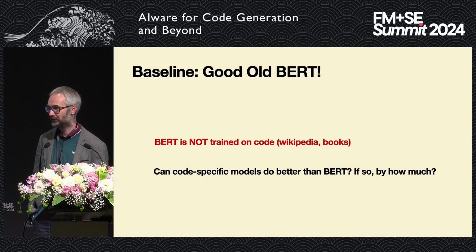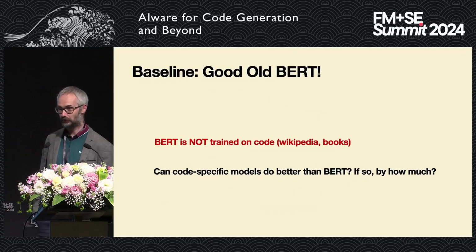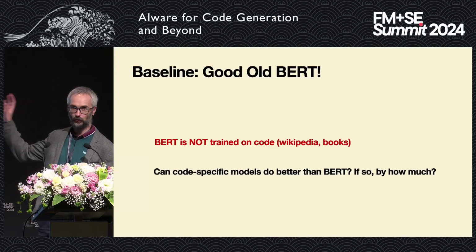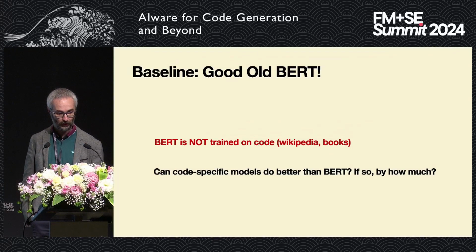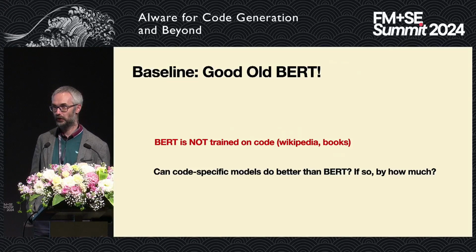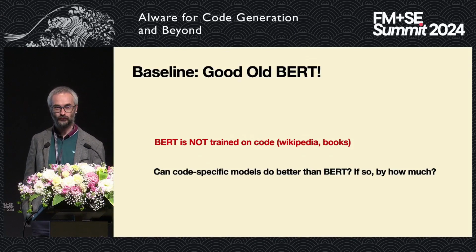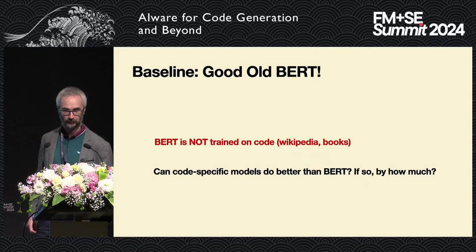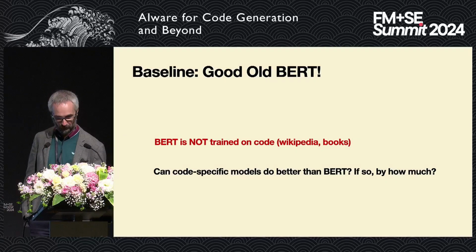And we also had a baseline, and that one is really interesting, because the baseline is the original BERT model, and that one is trained on Wikipedia and books. That means it's not trained on code, so it should not know about code. That's a good comparison point. So the question is, can code-specific models do better than this model that doesn't know about code, and if so, by how much?